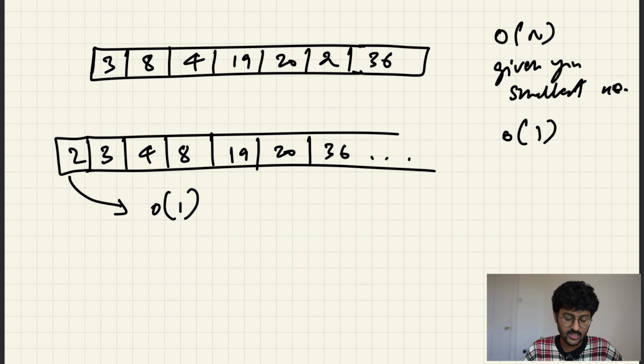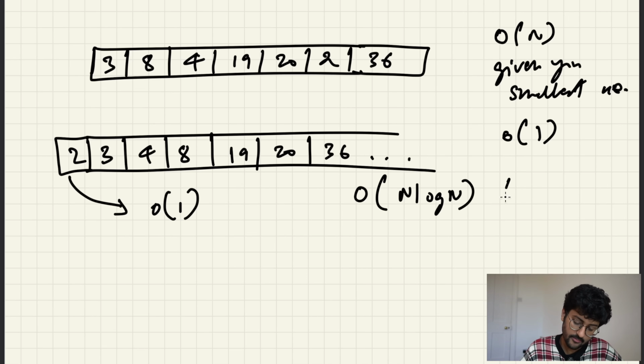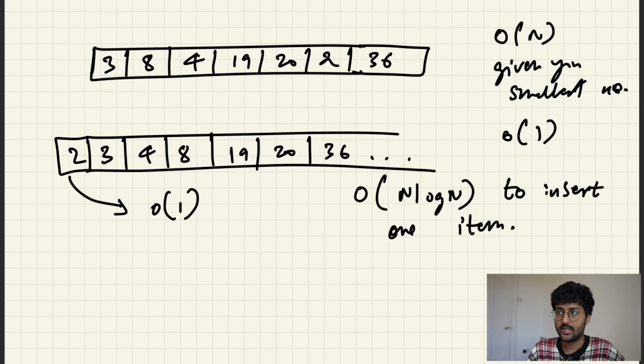So worst case scenario, you do either merge sort or whatever, and it's taking extra complexity. So for inserting an item, it's taking, let's say on an average, O of n log n to insert one item.